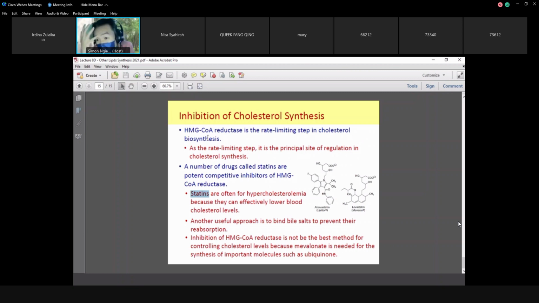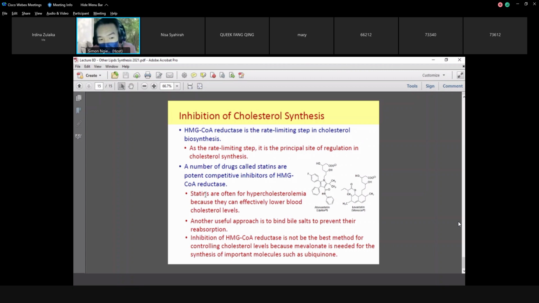Buildup of cholesterol is actually linked with high blood cholesterol as well, which is a high risk for heart attack and so on, because of buildup of fats inside arteries. So to help reduce blood cholesterol, one of the drugs normally prescribed for high cholesterol patients is statin.